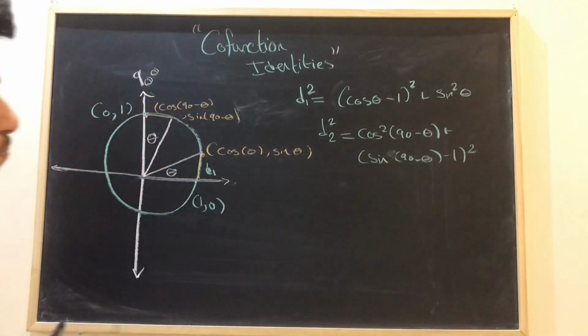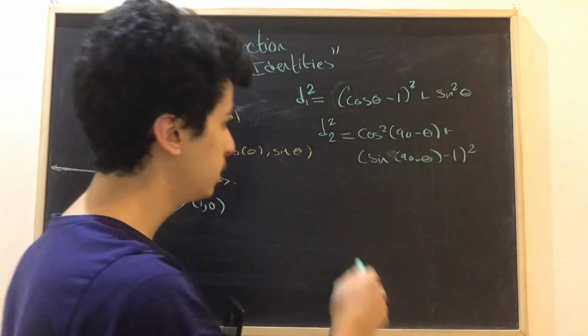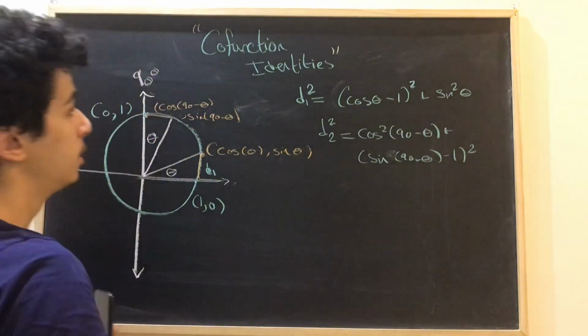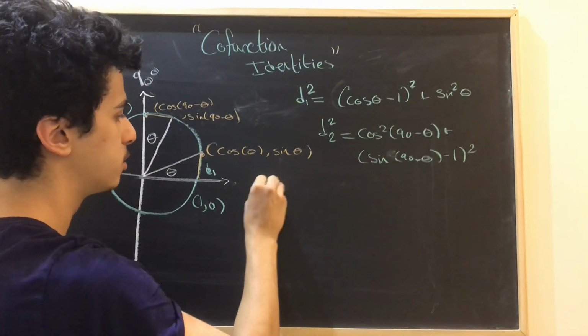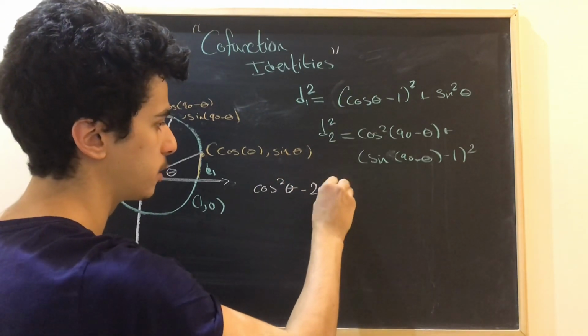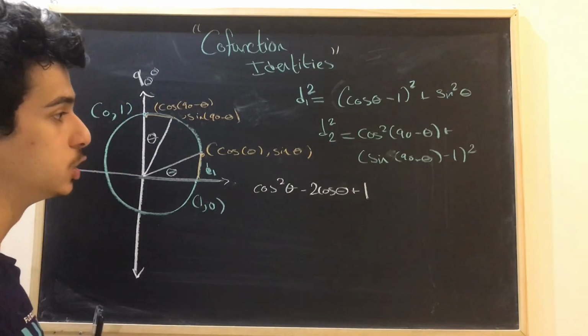Very nice. Now what I'm going to do is equate both of them as we just said, and I'm going to expand at the same time. Not me, the parentheses. Okay, so cosine minus 1 squared, that'll be cosine squared theta minus 2 cosine theta plus 1. And that'll equal d2.